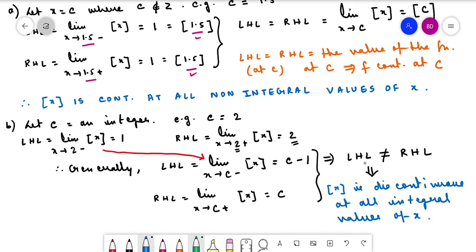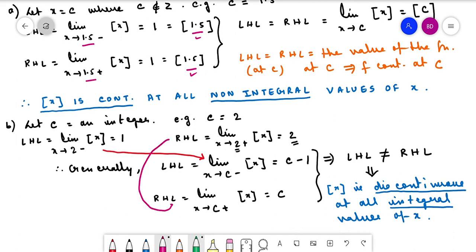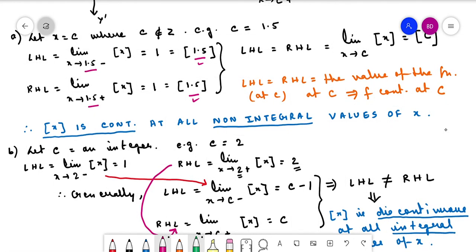So regarding continuity of box x, we see that it is continuous at all non-integral values and it is discontinuous at all integral values. I generalized the right-hand limit portion here, and the left-hand limit generalization is here. So this is how analytically we saw the continuity and discontinuity of box x.